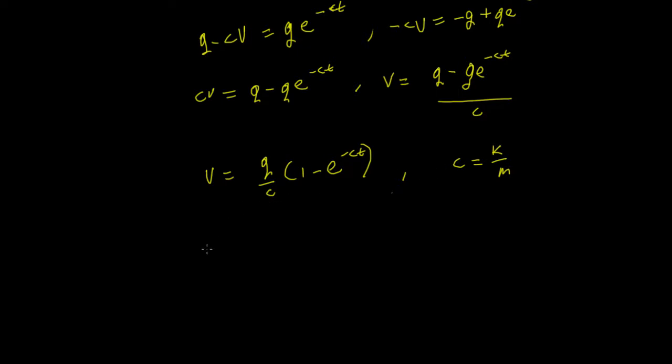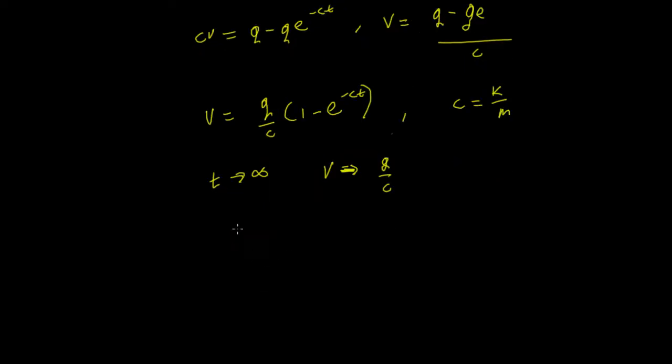So as t tends towards infinity, this whole exponential term tends towards 0. So it means that our value v will tend towards g upon c.